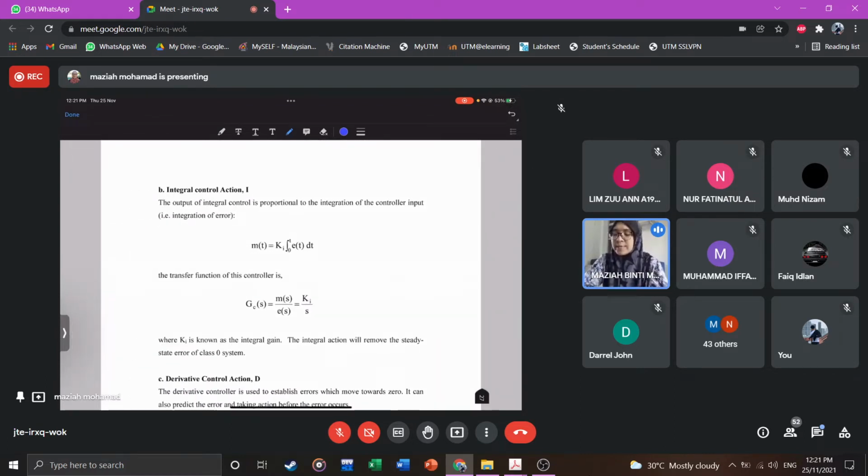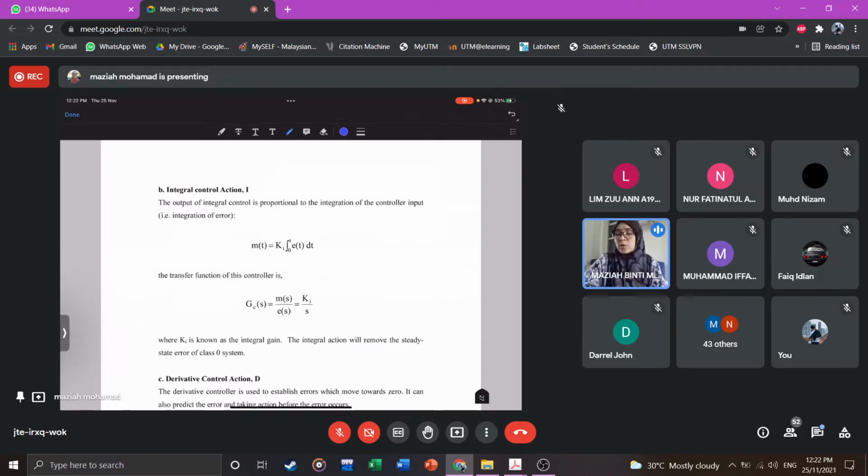Then the second part is the I controller. Just now we said that for class 0, the steady state error will always occur, and by using only a P controller we cannot eliminate the error.